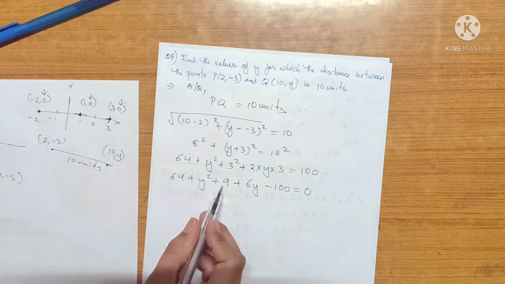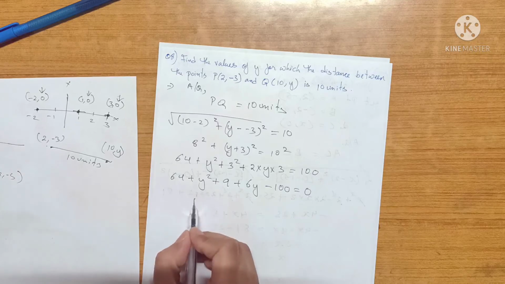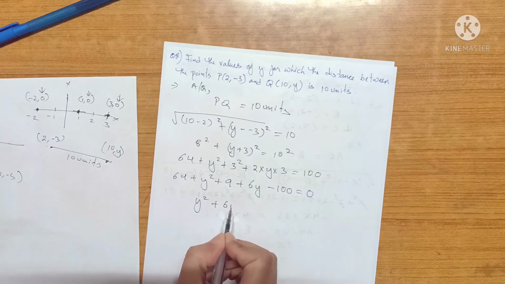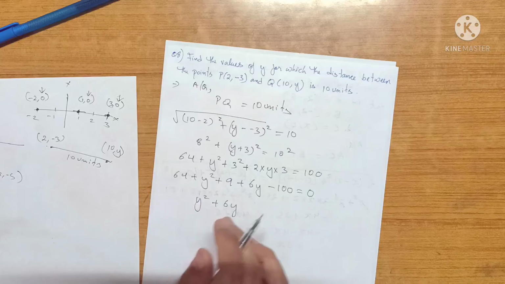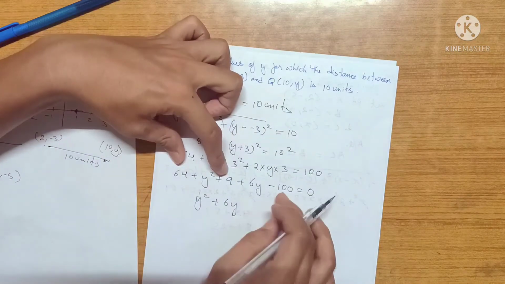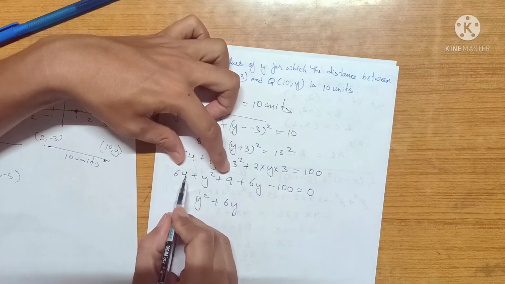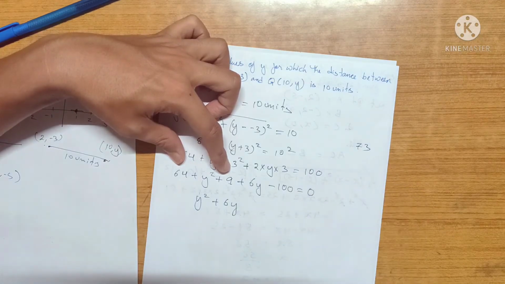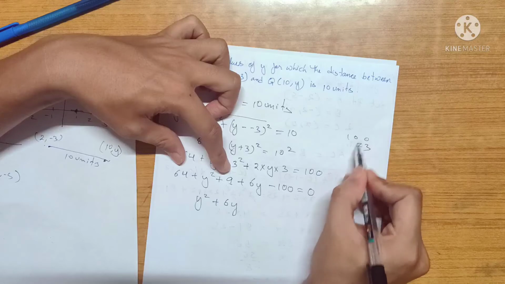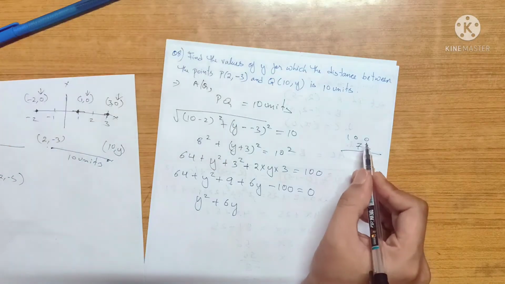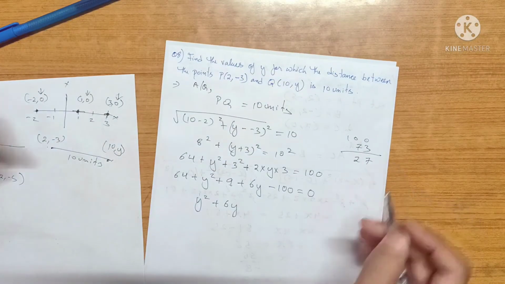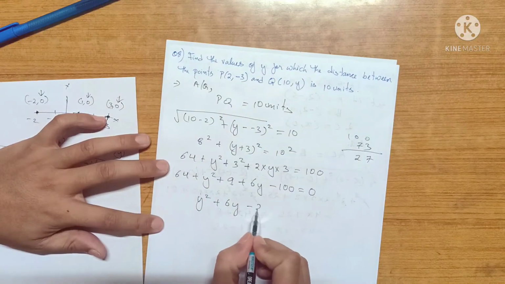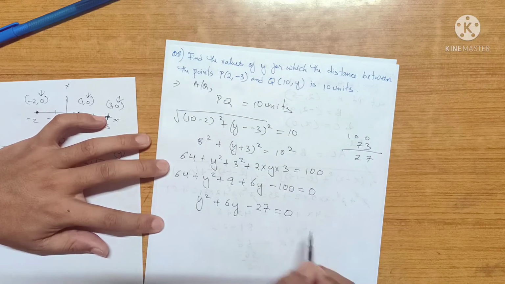Wait, let me just write y square first. Since it's a quadratic equation, I'll write y square first, next y, and then I'll do all this together. So 64 plus 9 is 73, right? And then you subtract that from 100, you'll get 27. So minus 27 because 100 is larger.